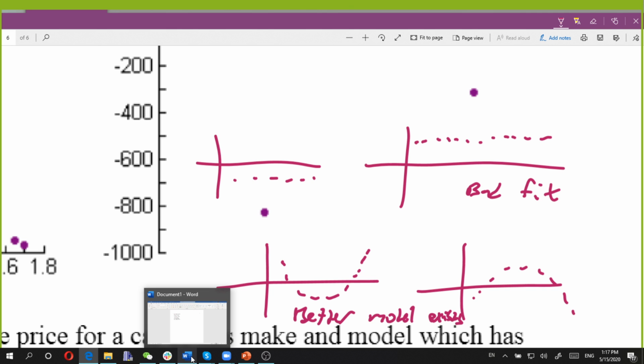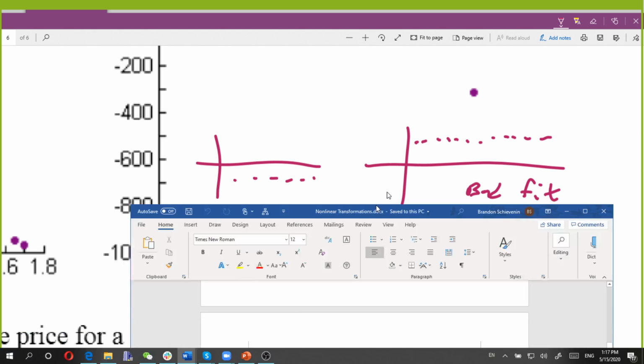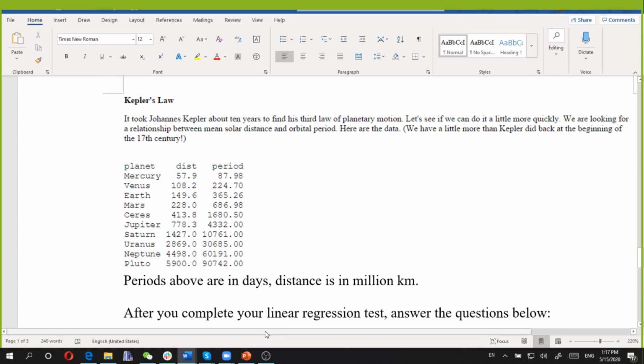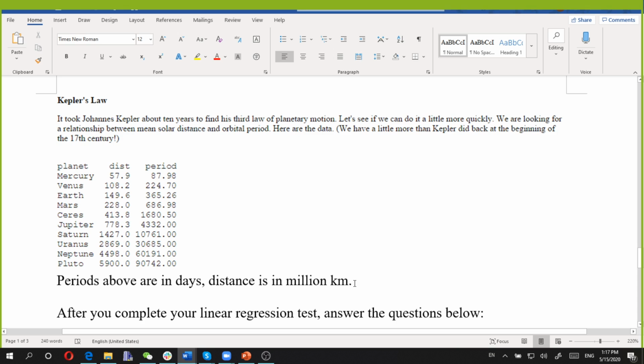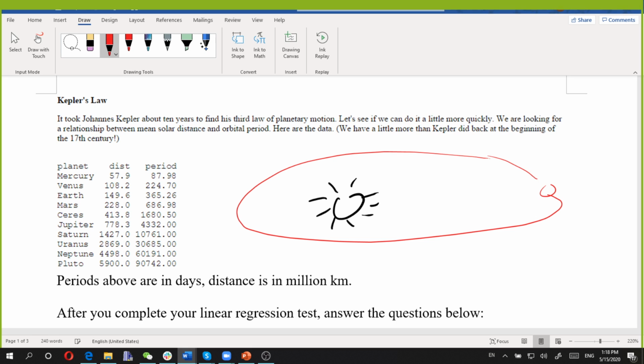Okay, so let's try a couple examples. What I have here are the distances of a bunch of planets to the sun along their semi-major axis.